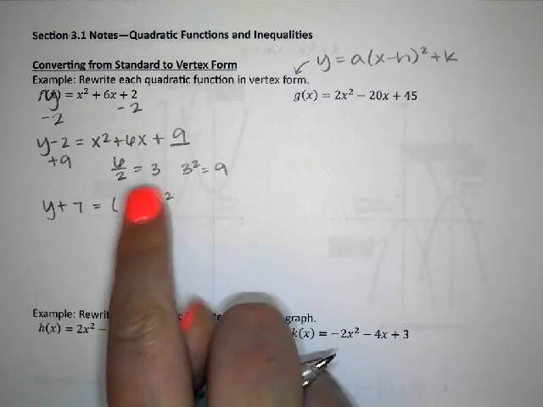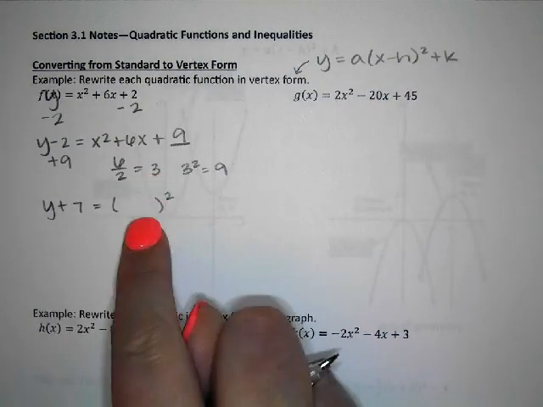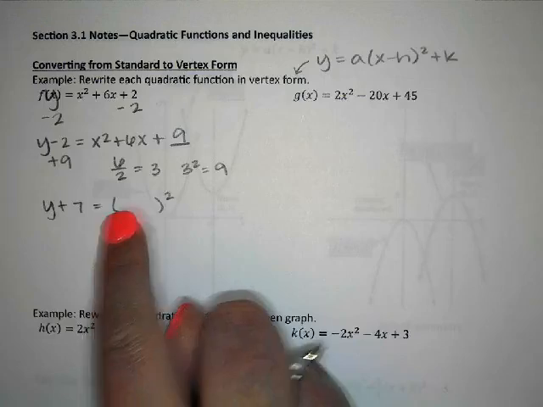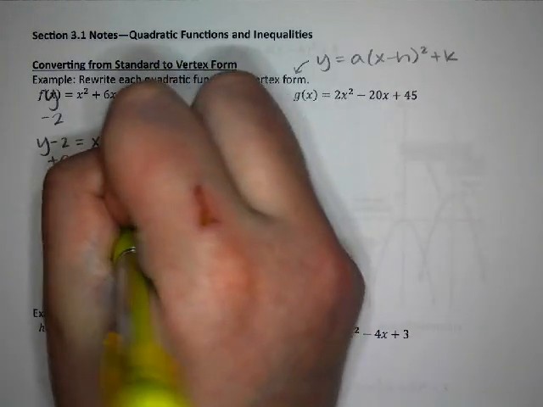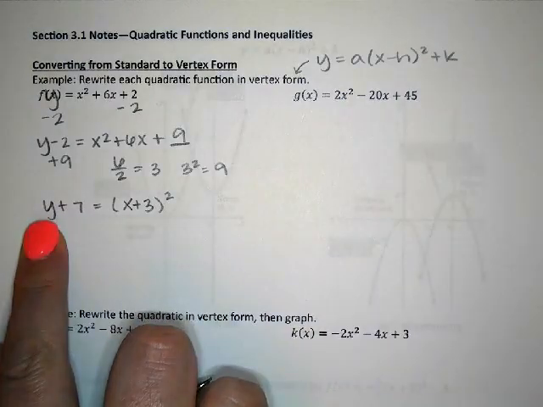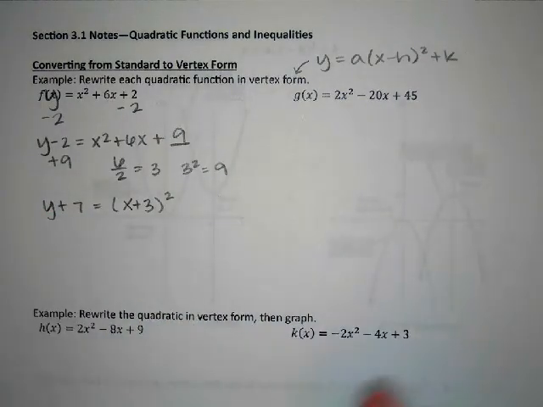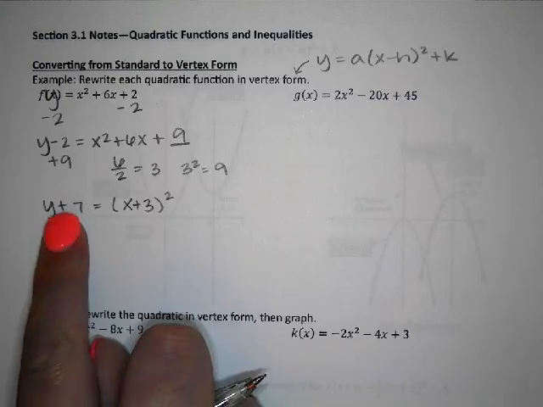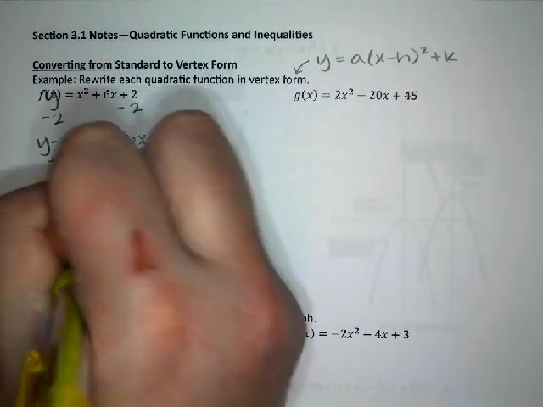Whatever I got when I divided by 2, that's always what goes in the parentheses. So it's (x plus 3) squared. Then to have it in vertex form, so it's something that I could graph, I would take that plus 7 and subtract it over to the other side.